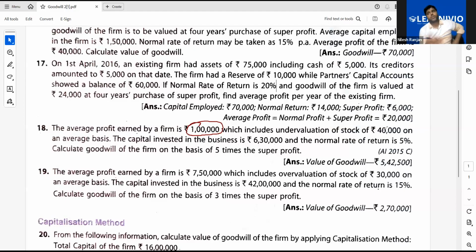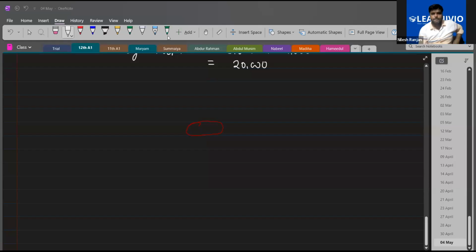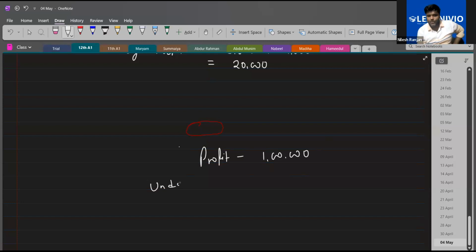So if your stock is undervalued, let's say that you have calculated profit 1 lakh, and the undervaluation of stock, it means your profit is reduced by 40,000.